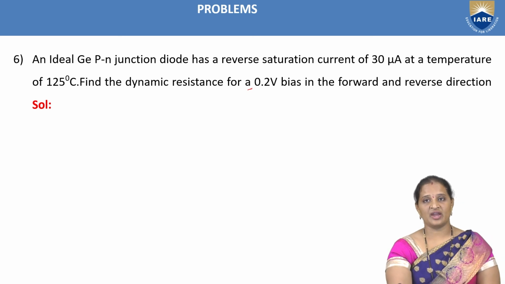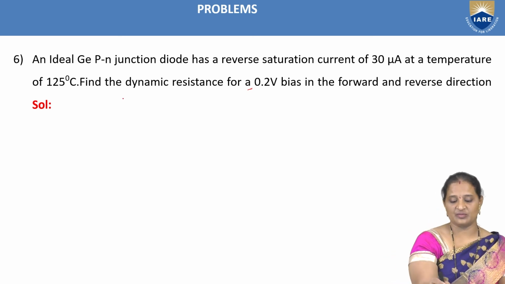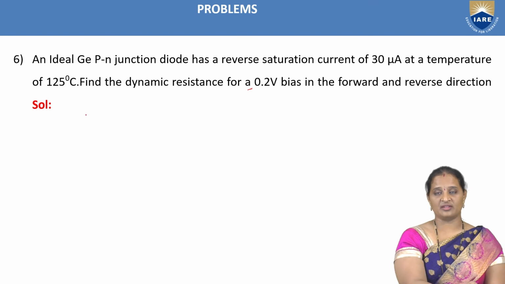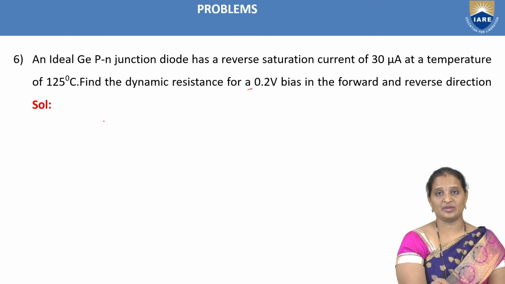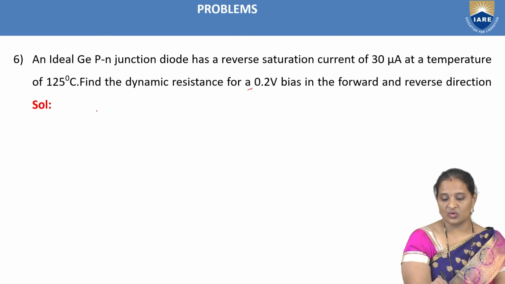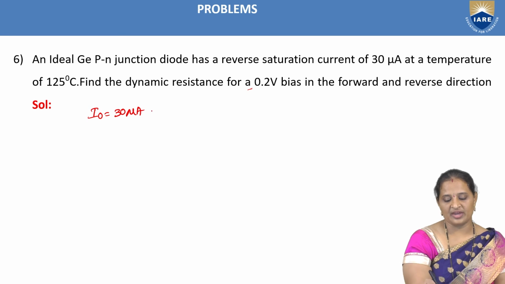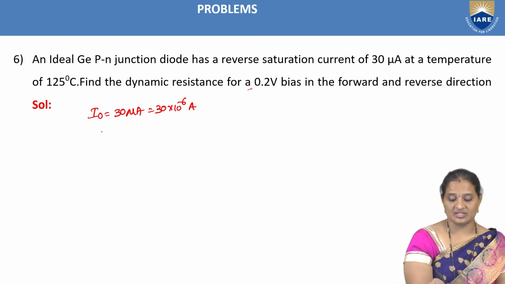So he asked to find the dynamic resistance. So we know the formula. Before writing the formula, first list all the parameters that are given here. So the reverse saturation current I naught is equal to 30 microamperes, where it is 30 into 10 to the power of minus 6 amperes. Next, temperature is given as 125 degrees centigrade.